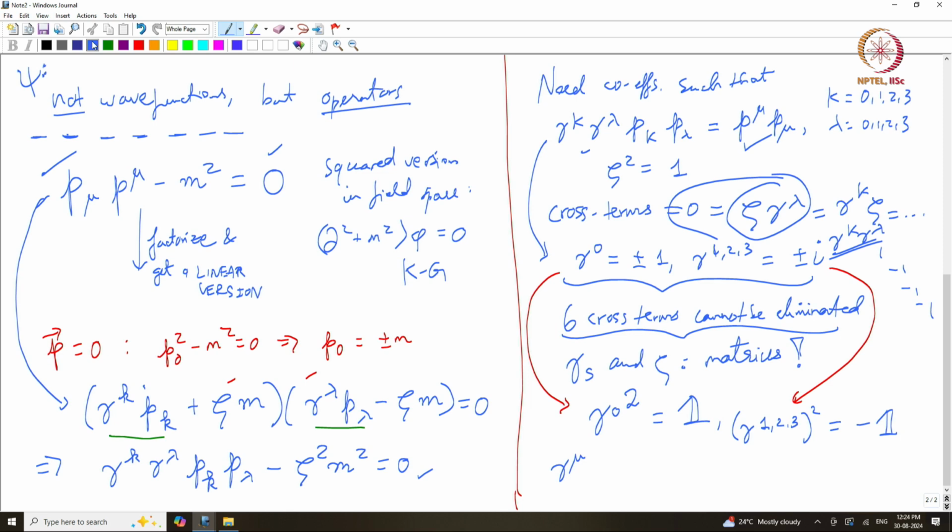So, now notice that because of the way the indices are written, when I have a gamma mu, gamma nu, I will also pick up a gamma nu, gamma mu, right, because the k goes from 0 1 2 3, lambda goes from 0 1 2 3.